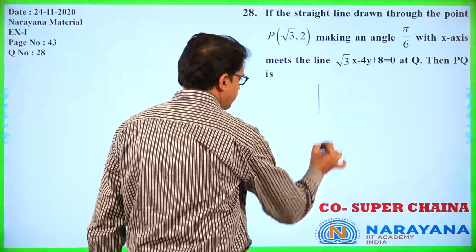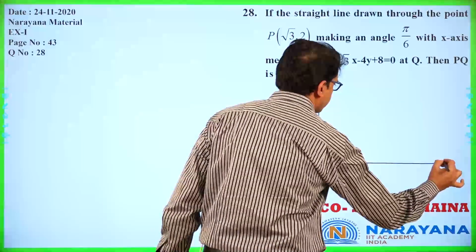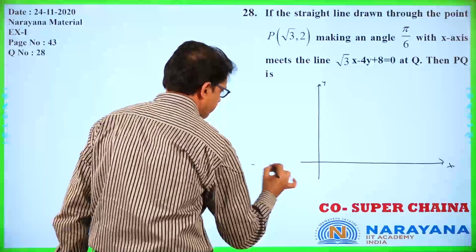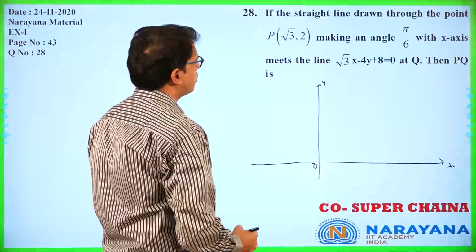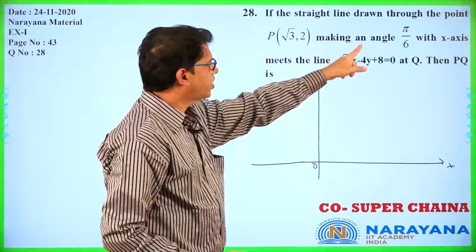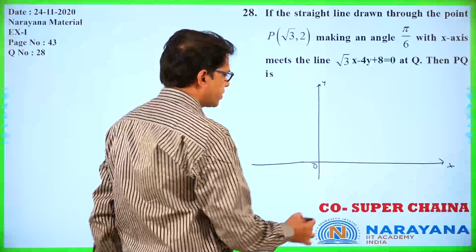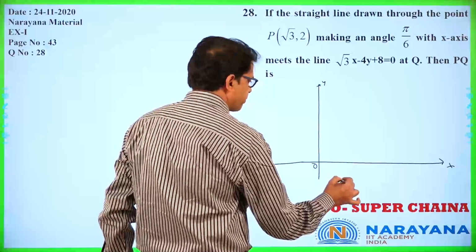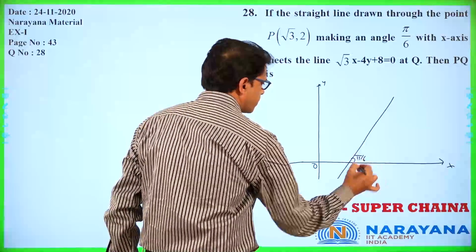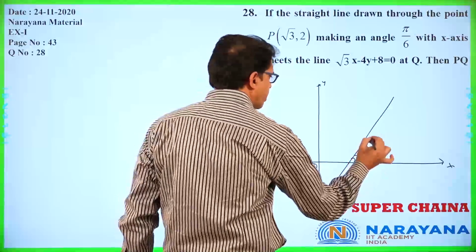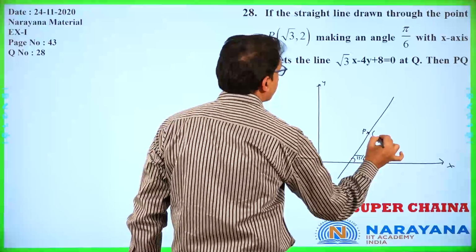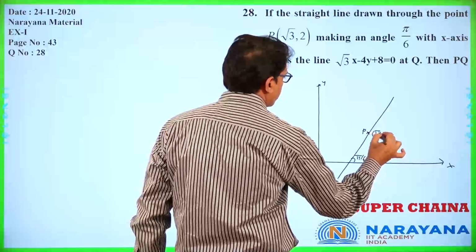Consider the coordinate axes x and y, and the origin. The line is passing through the point P and making an angle of 30 degrees, pi by 6. The coordinates given are root 3, 2.